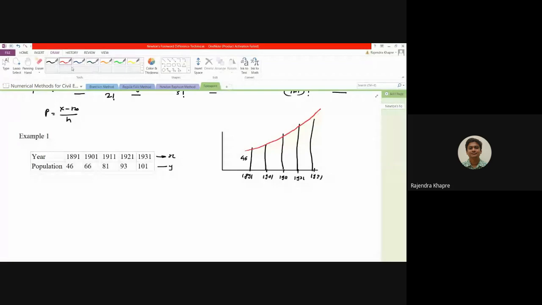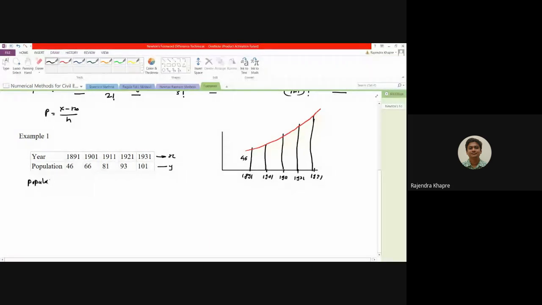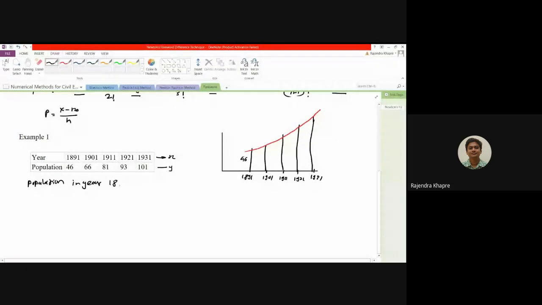Now for this purpose, in the numerical it is given that we need to find out what will be the population in the year 1895.